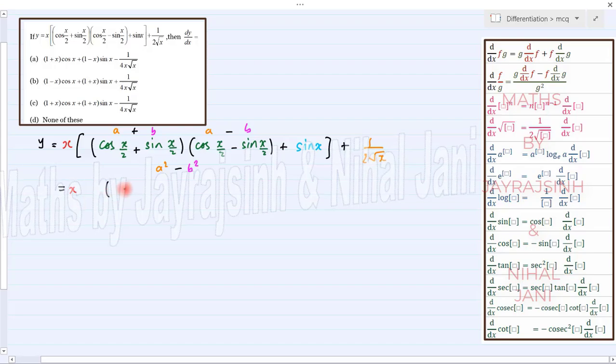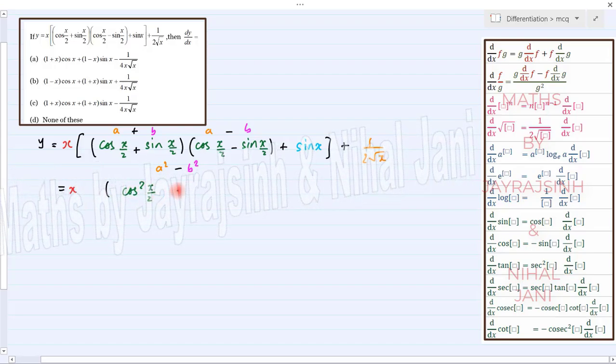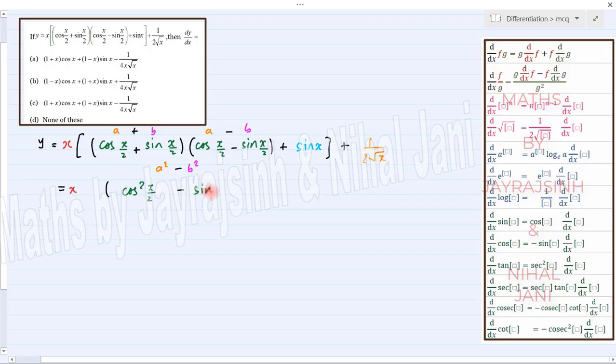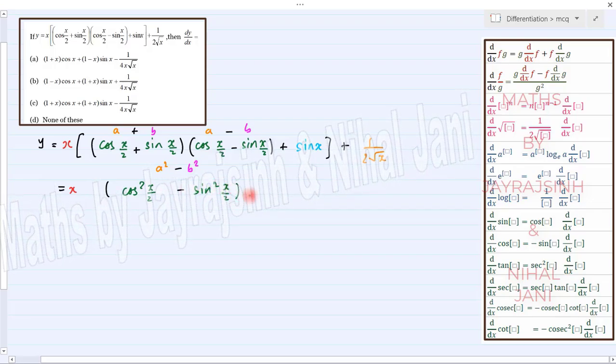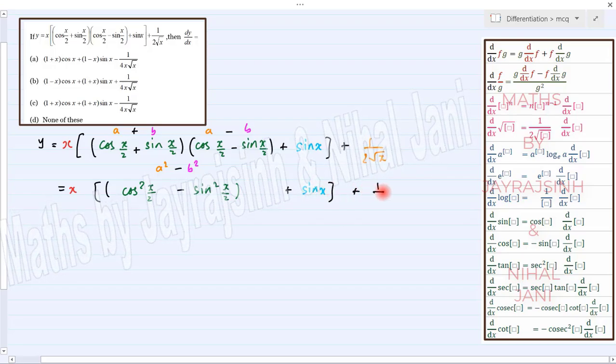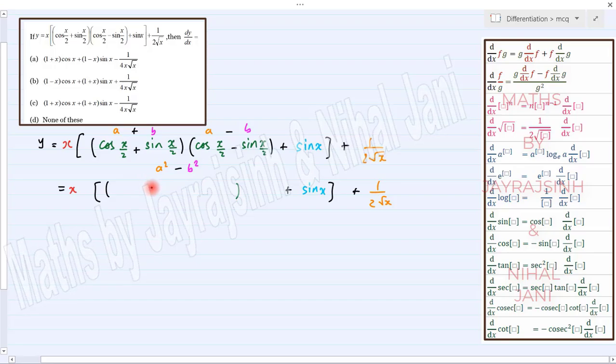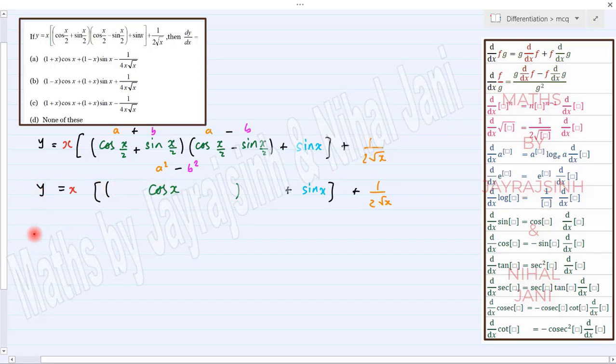Or we can say here we'll get cos square x by 2 minus sin square x by 2 plus sin x plus 1 upon 2 root x. And this cos square x by 2 minus sin square x by 2 can be simplified into cos x. So we get the simplest form of y.